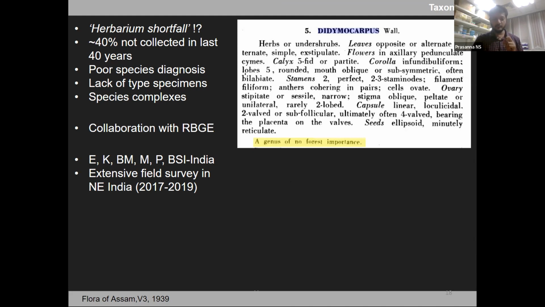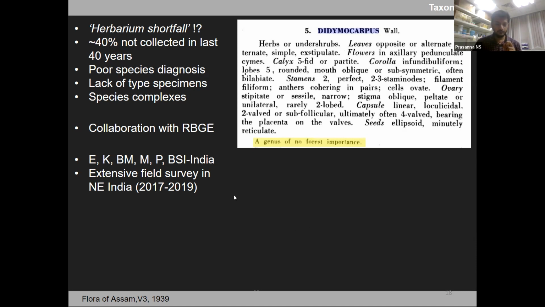Flora of Assam, which is one of the first comprehensive accounts of plants of Northeast India, very briefly mentions that this genus is of no forest importance. So we also quickly realized that nearly 40% of Indian taxa have not been collected in at least the last 40 years. And also published diagnoses were kind of incomplete and inadequate.